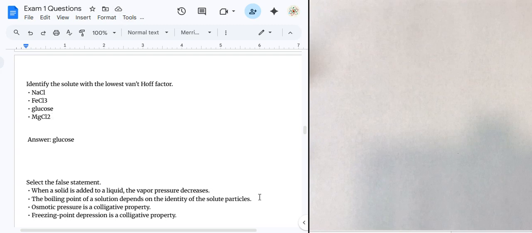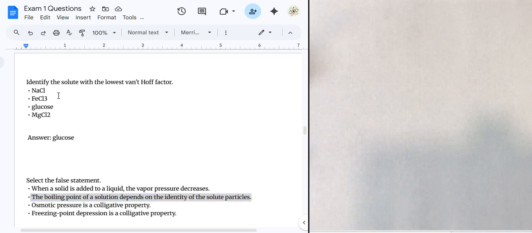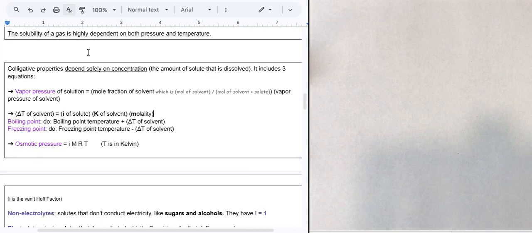So this would be false, because boiling point is one of the 4 colligative properties.